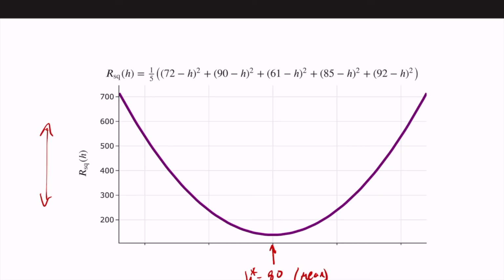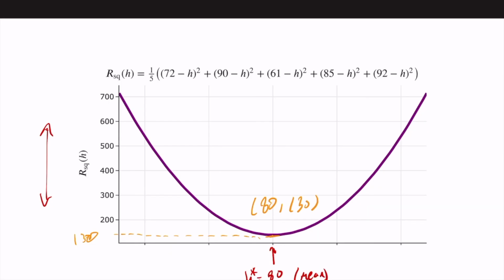We'll use orange right here. 130 maybe, something like that. So really the vertex where the loss has been optimized is at 80 and approximately 130 or so.